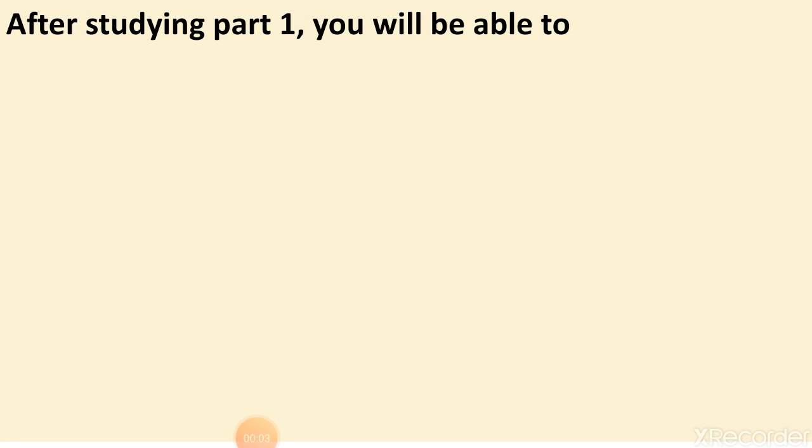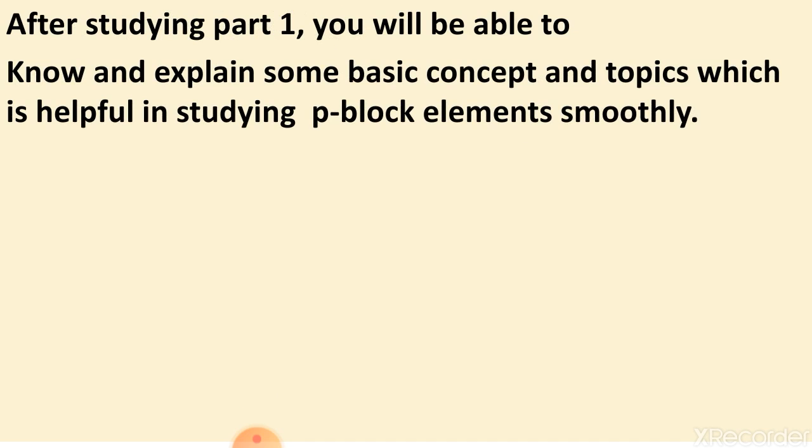So now dear students, after studying part 1, you will be able to know and explain some basic concepts and topics which are helpful in studying p block elements smoothly. These are basically anomalous behavior, that is abnormal behavior of the first element of each group in p block elements, then its consequences, that means as a result of this anomalous behavior what happens.